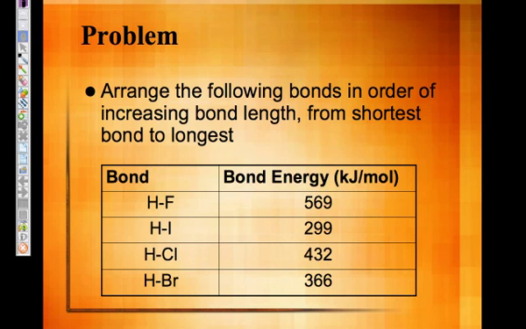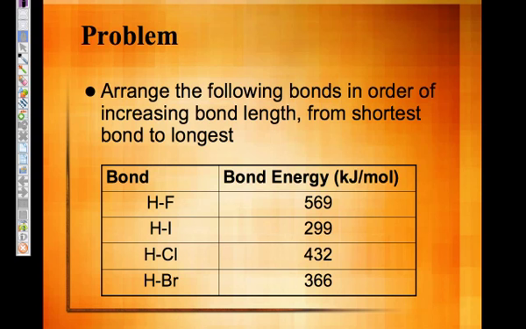Think about the example I had when you picked up a stick from the yard. If you hold your hands closer together, does it take more energy? Farther apart's easier, so a bond length that's long has low energy. So what's the shortest bond up there? HF, because it has the highest energy.